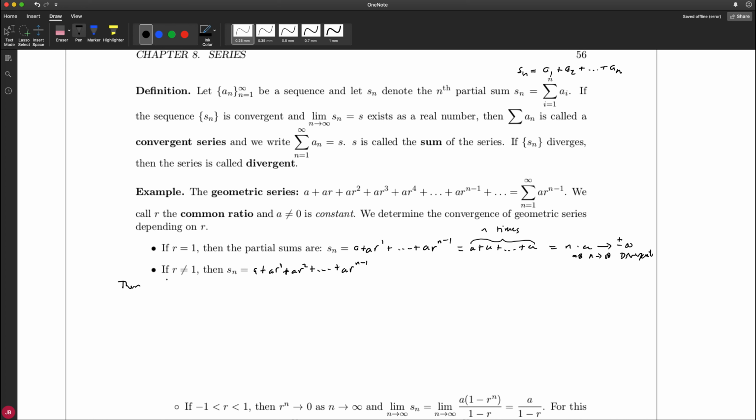Let's compute r times S_n. Well, that's r times what I just wrote above: a plus ar to the first plus ar squared plus ar to the n minus 1. Let's see what we get. Well, distribute, we get ar plus ar squared plus ar cubed and so forth.